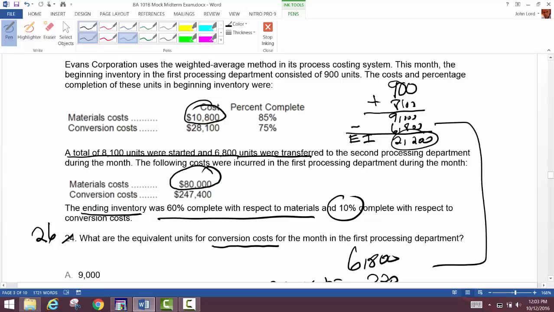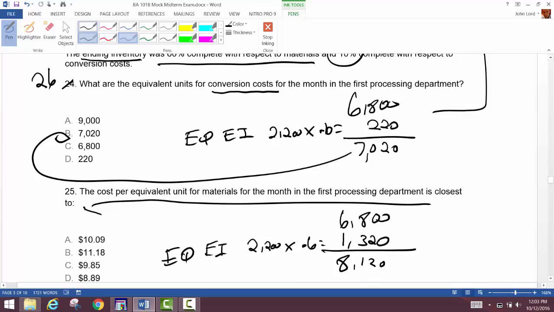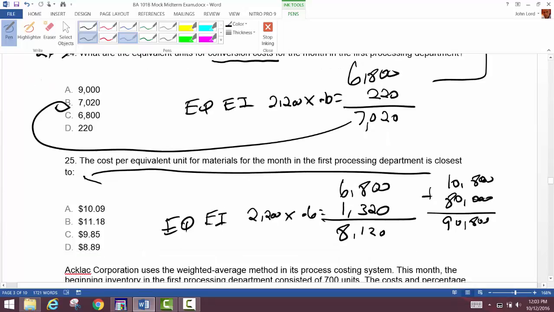So if I take those two numbers, 10,800 plus the 80,000 that was added, that gives me 90,800, and I divide that by 8,120, don't I? My equivalent units. And that gives me a cost per equivalent unit of what, 11.18?